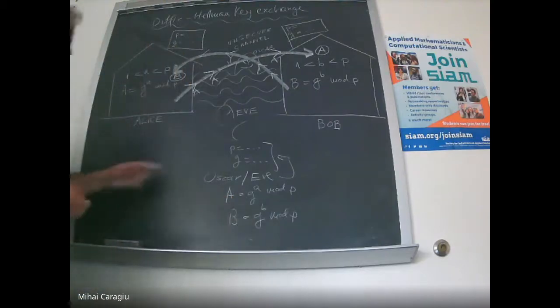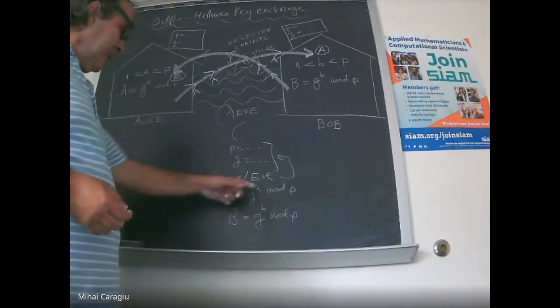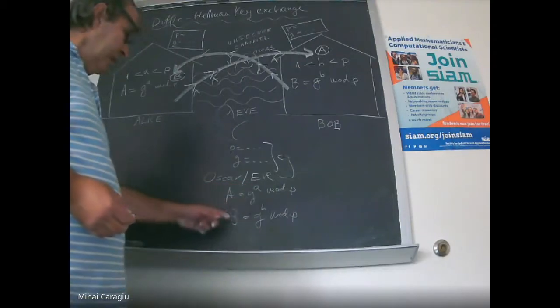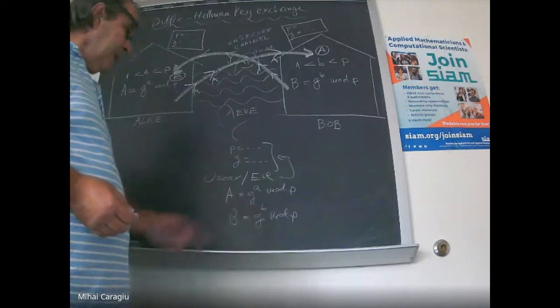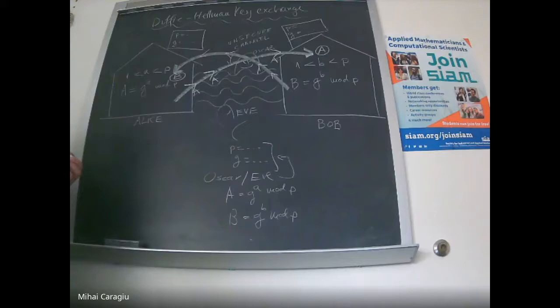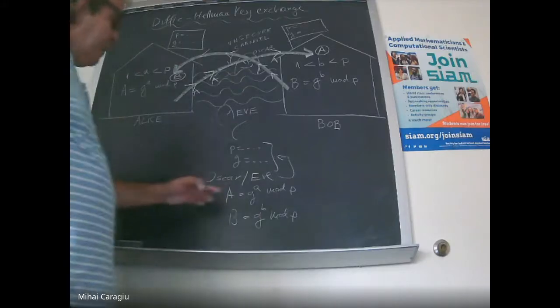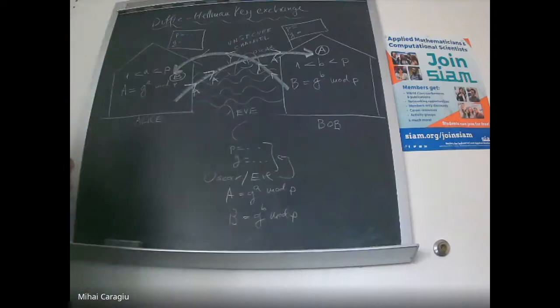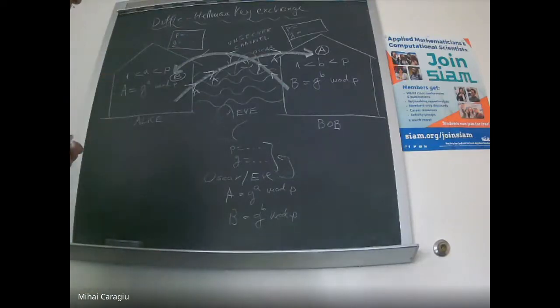But even if Oscar and Eve know the power of g of order small a, and the power of g of order small b, they are unable to take the logarithm. That's the big point of the Diffie Hellman exchange. The difficulty of the discrete logarithm problem is key for the security of the Diffie Hellman key exchange.